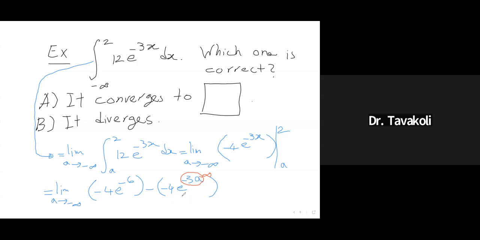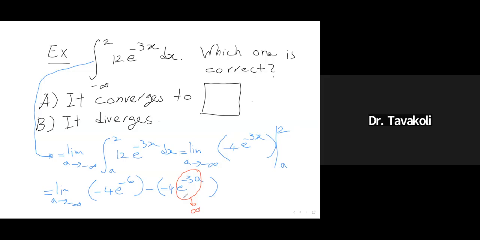So since a tends to minus infinity, and in that exponent, minus 3 is multiplied by minus infinity, the exponent of e is plus infinity, and e to the power of plus infinity is infinity. So that's why this part tends to plus infinity. And minus minus 4, plus 4 times infinity, is infinity.